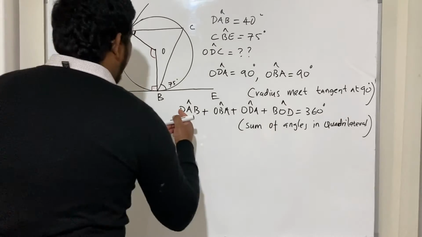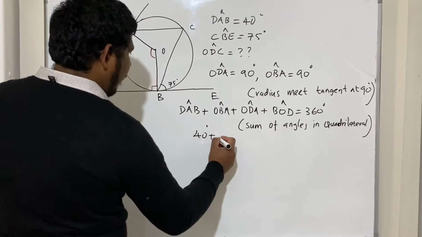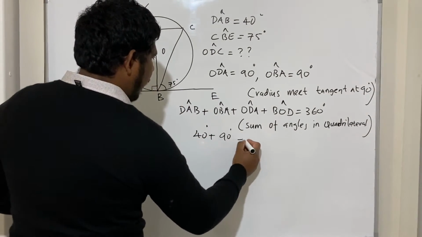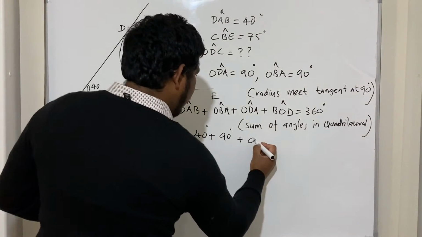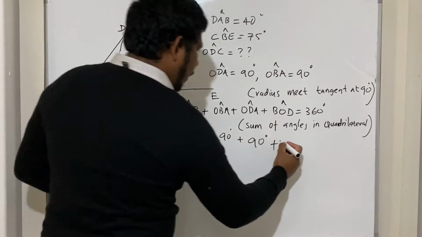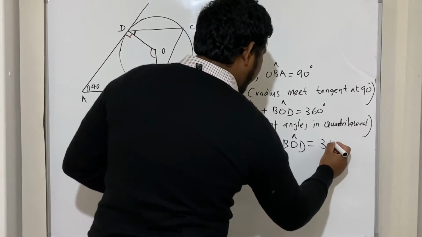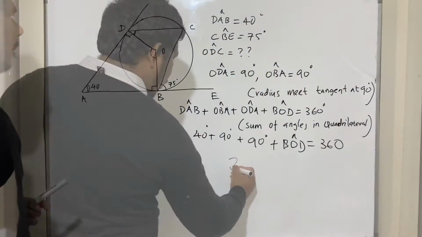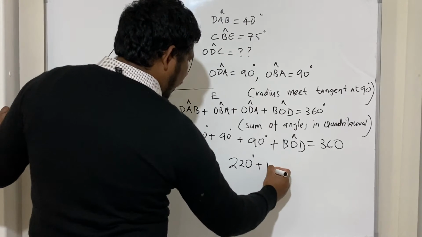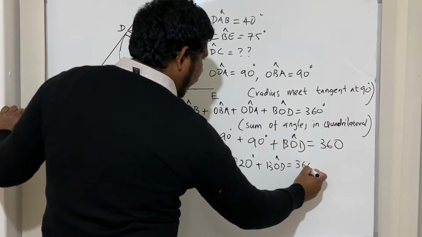So we can put the amount. DAB is 40 and OBA is 90 degrees. ODA is 90 as well. And BOD, we don't know that, is 360. 220 plus BOD is 360 degrees.